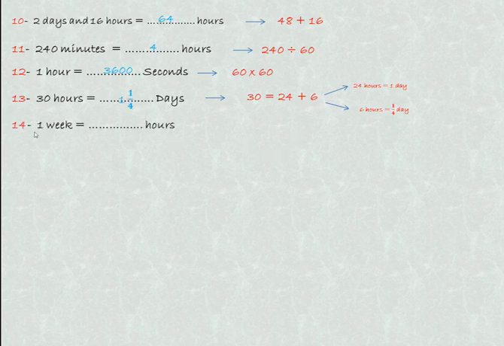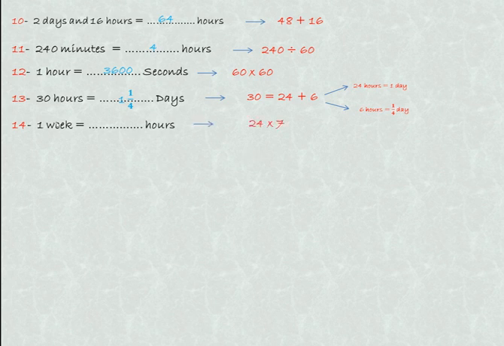Number 14, 1 week equals how many hours? Between week and hour we have days. So we must convert week to days, then convert days into hours.